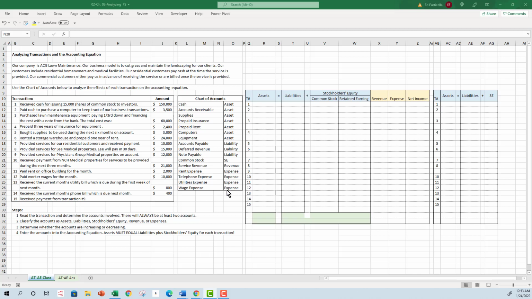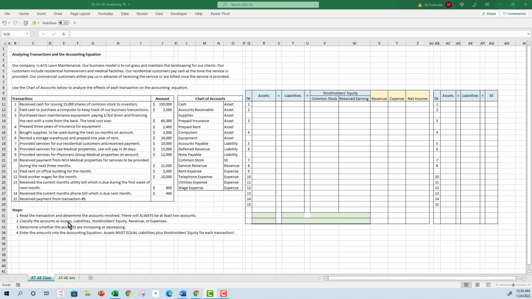So now let's look at the 15 transactions we have and see how they affect the accounting equation for our company. The steps that I will follow are: first, we'll read the transaction and determine which accounts are involved. There will always be at least 2 accounts. Our second step will be to classify the accounts as one of the elements.